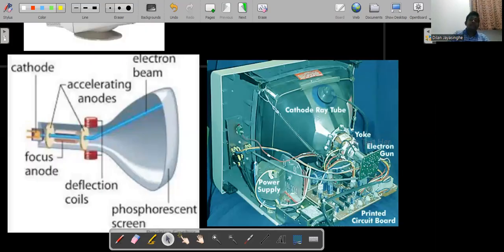Makes image on the screen. This is how cathode ray tube monitor works, right? This is how cathode ray tube monitor works.